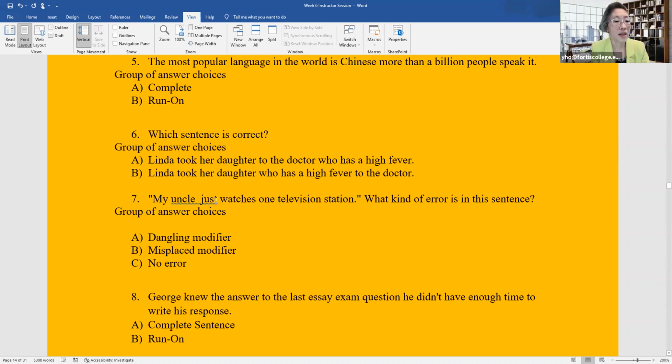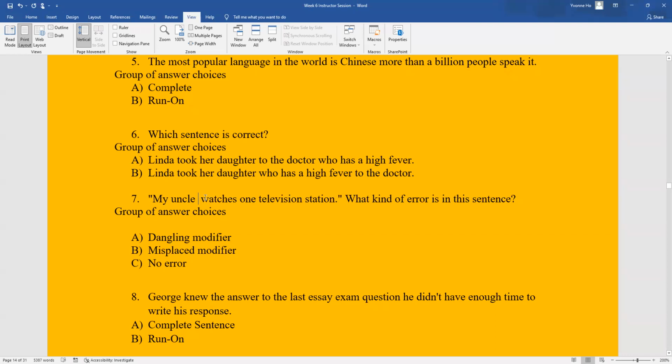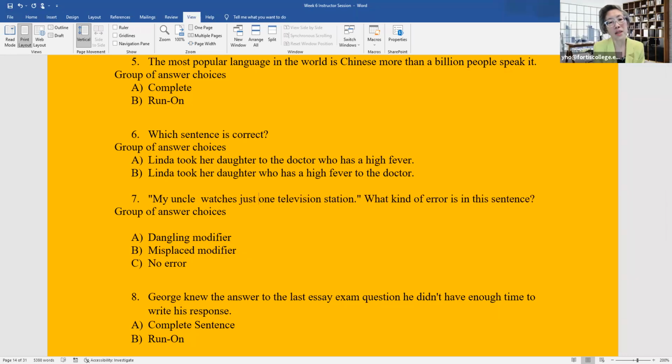Actually, okay, here, my uncle just watches one television station. Technically, it's not wrong. It's just too conversational. If you want to be totally correct, you want to put this: he watches just one television station. So that's more correct than my uncle just watches one television station.